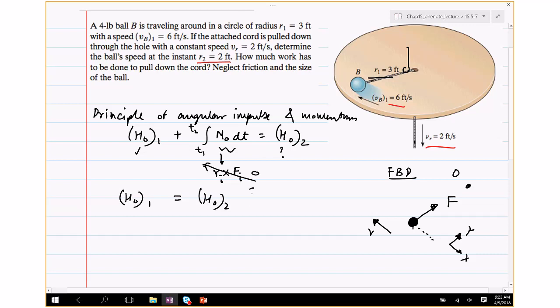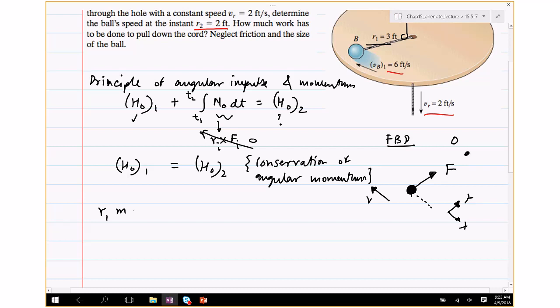In other words, this is conservation of angular momentum, right? Although we started with the principle of angular impulse and momentum, it reduced to conservation of angular momentum because the net external moment is 0.